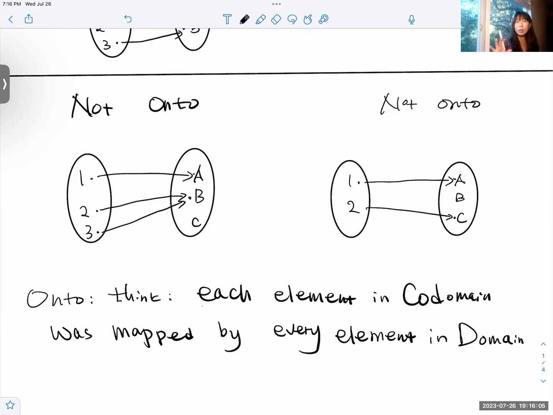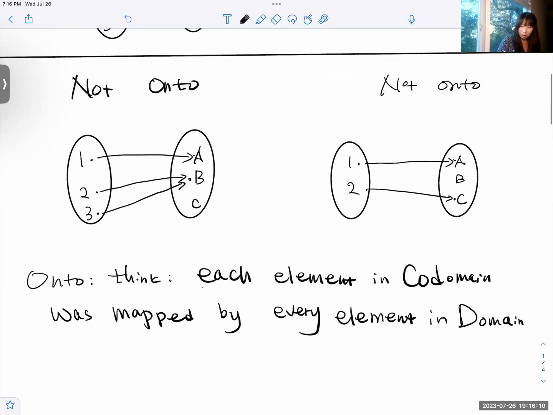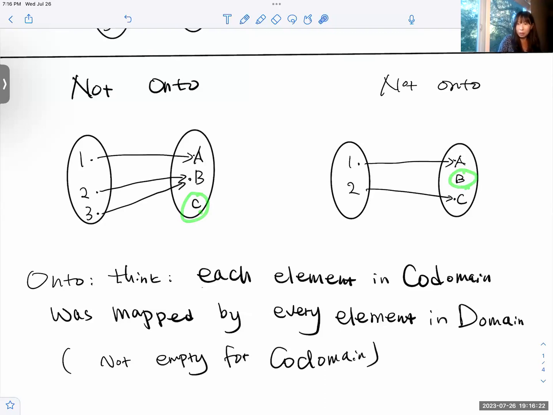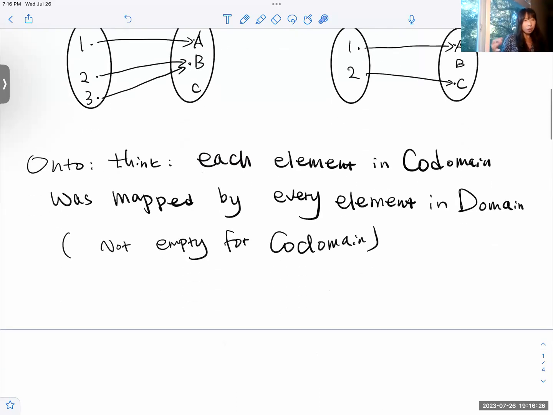So basically, we cannot have an empty spot in the codomain. So this is empty, right? Cannot have that.